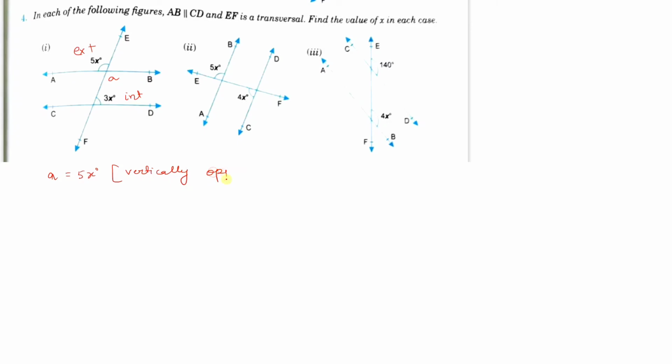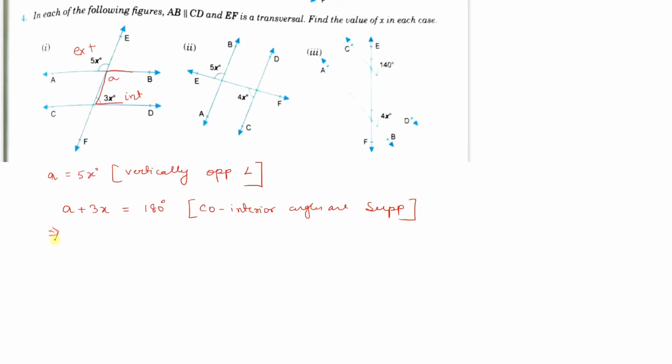opposite angles. Okay, next, A and 3x are forming co-interior angles, and the property of co-interior angles is that they are supplementary. So write down A plus 3x is equal to 180 degrees. The reason will be co-interior angles are supplementary.